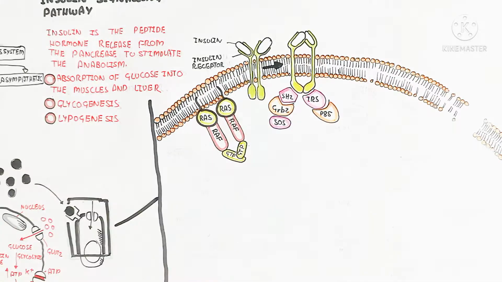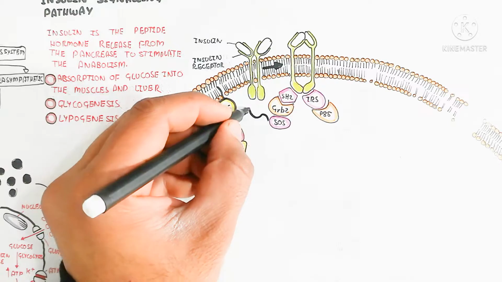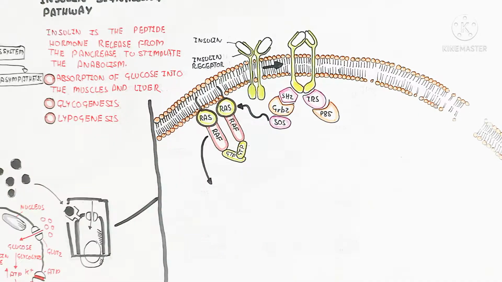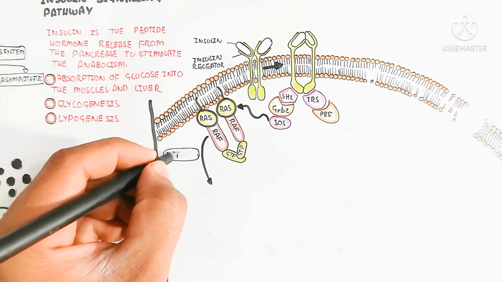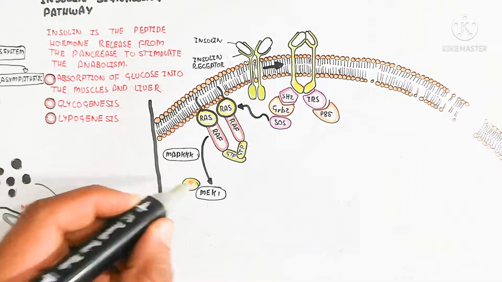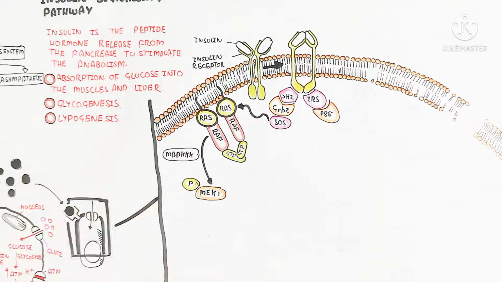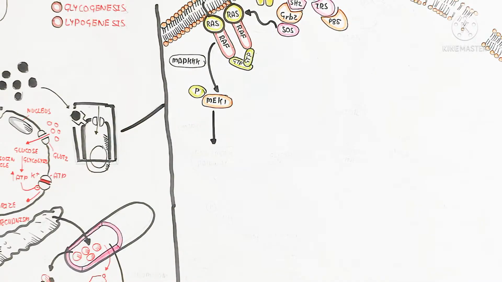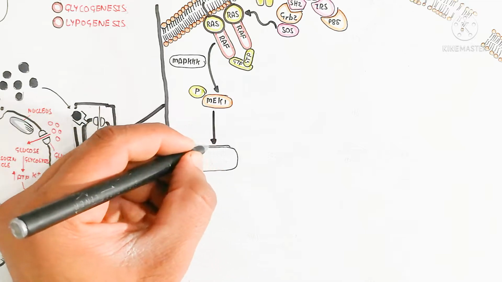So this dimerization will trigger, in the presence of MAP kinase, mitogen activated protein kinase, the phosphorylation of mitogen activated protein kinase 1.